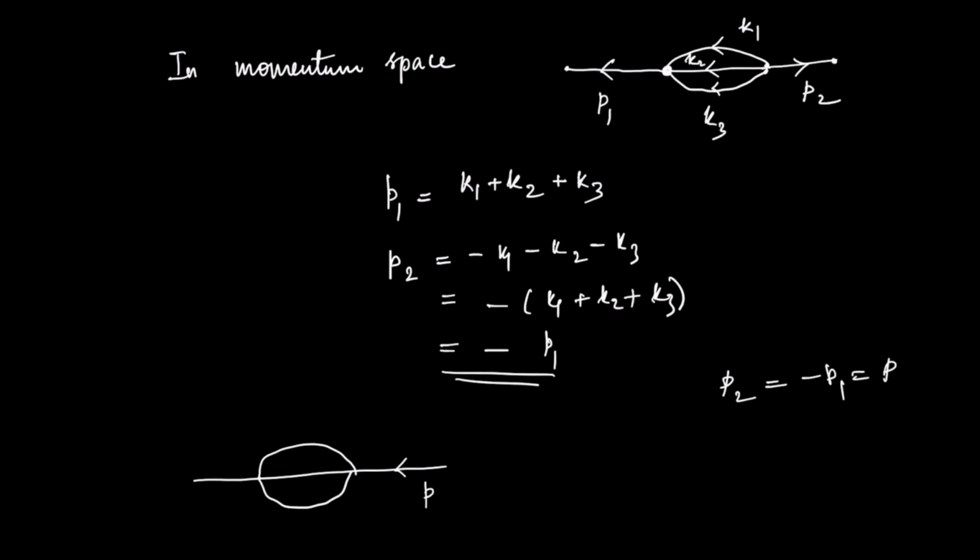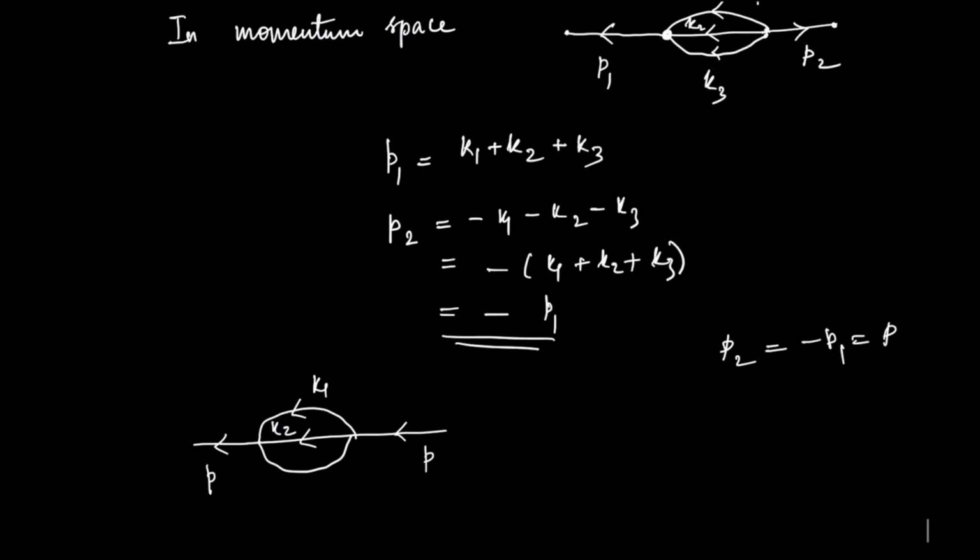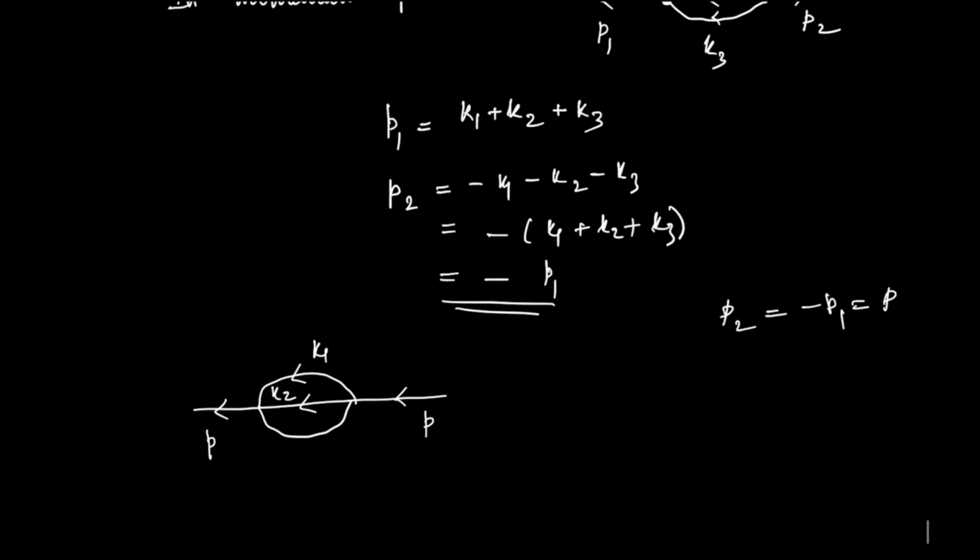And similarly I can write P1 as P. Then this will be K1, this will be K2, and K3 also I can rewrite as P minus K1 minus K2, right? Fine.